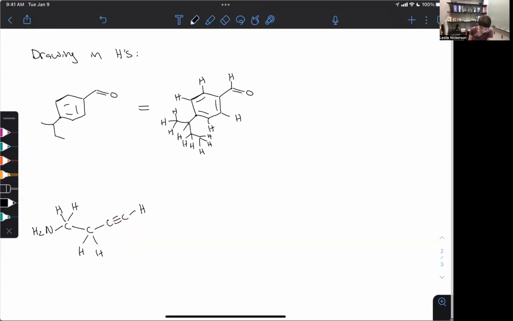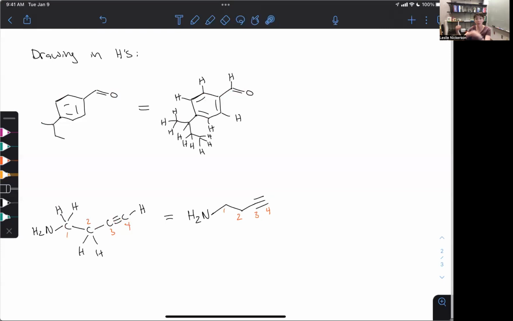Okay. So if we transition that over to our skeletal structure, we're essentially just taking out all the C's. So we'd end up with that. Okay. So we have 1, 2, 3, 4. 1, 2, 3, 4.